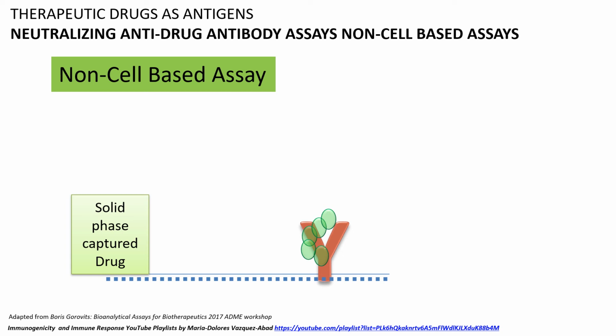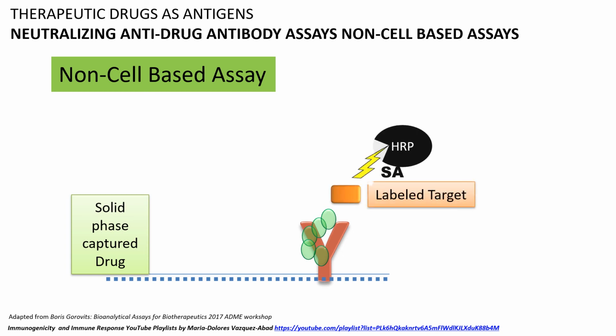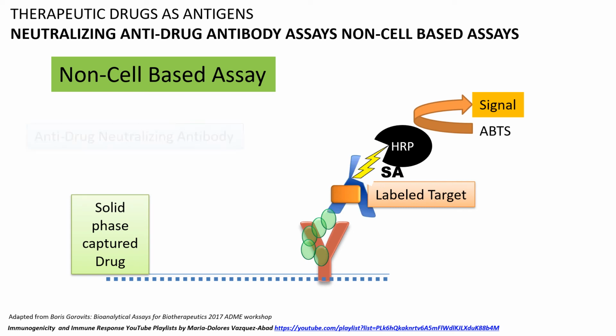When we get positive anti-drug antibody results, as shown before, what we do is our drug, either a protein or an antibody, is bound now to a solid base. We have the labeled target in this case, and we have a function. So this is what the binding of the drug to the target should be doing, and we can read this. The signal is actually measurable.